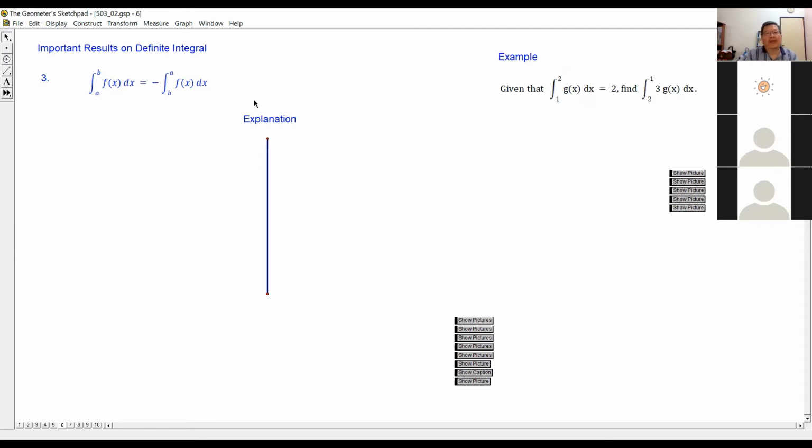Okay, you reverse the order. And these two, integrate from a to b and integrate from b to a, are actually the same. But one is a positive value, the other must be a negative value.